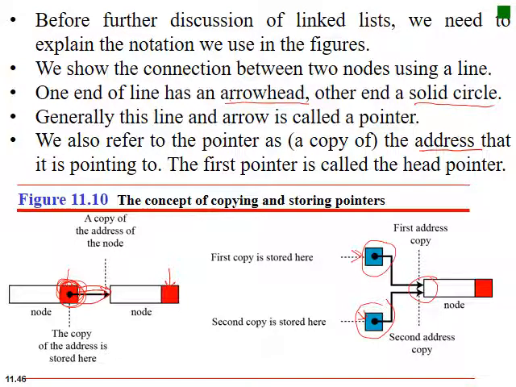In other words, the address that's in the first pointer here is the exact same address that's in the second pointer there. So you can get situations, you'll see later, where you have two pointers, or even more than two pointers, all pointing to the same address. You'll see the use of that later.